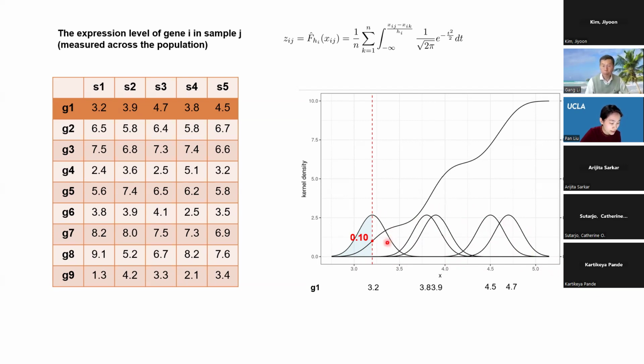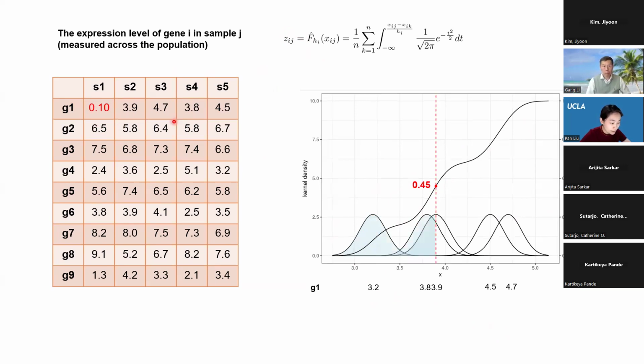Then we sum up all these densities to get the CDF curve, this curve from 0 to 1. And after we have the CDF curve, we can calculate the CDF value for each point. For example, 3.2 would correspond to 0.1 on the curve. That means we use 0.1 for the first gene, the first sample. We denote it by Zij, so Z11 would equal 0.1.